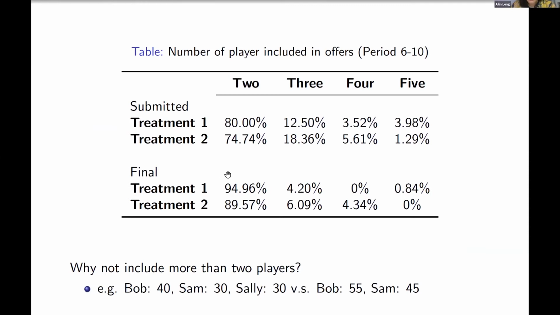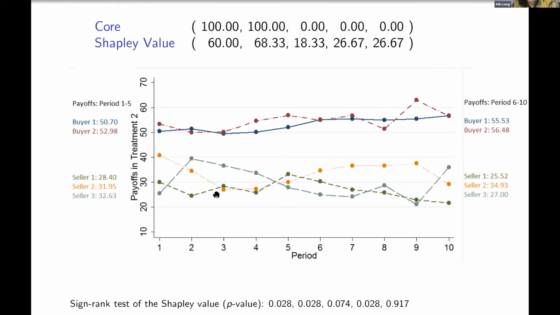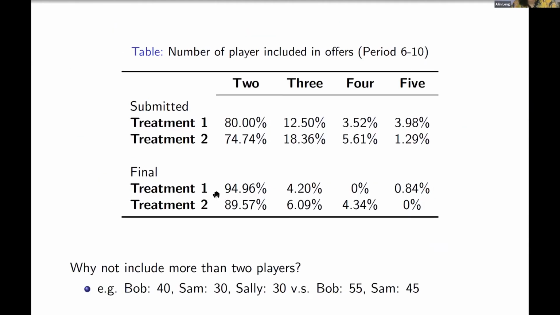So we have seen the payoff division that was agreed, but we haven't seen which players have agreed on the payoffs. So this page displays the number of players included in offers.